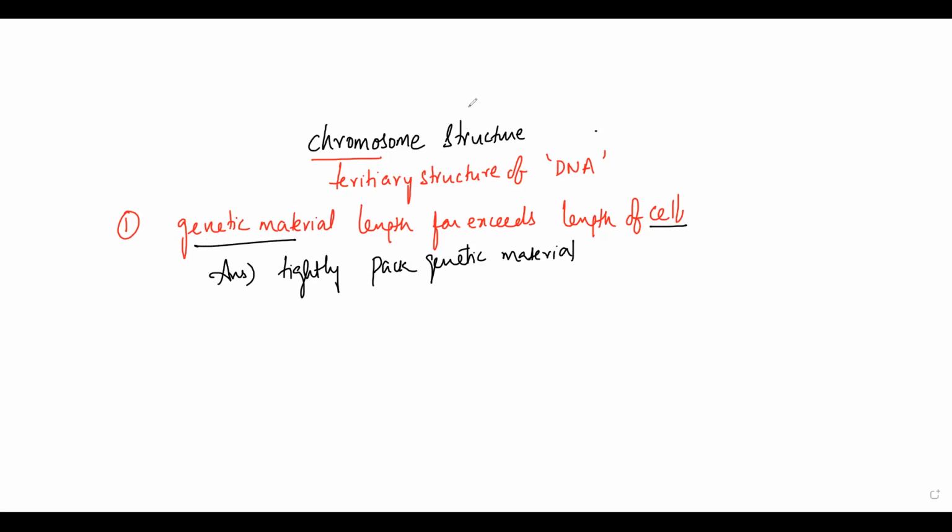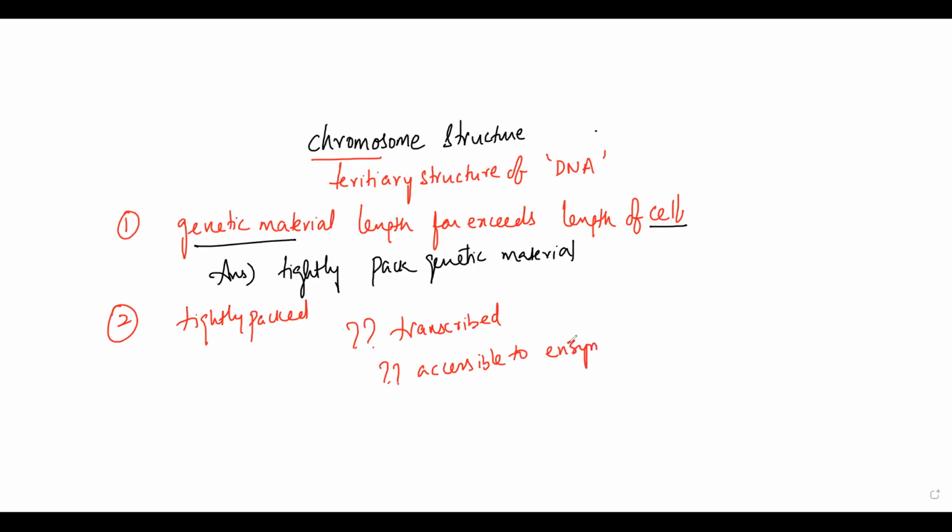But the second thing is, if it is tightly packed, then how is the genetic material getting transcribed, and how is it getting accessible to the enzymes that are playing a role in the replication of your DNA?